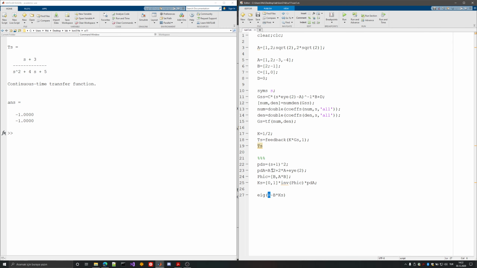Now, you had the eigenvalues or the poles of A. Now you have the eigenvalues of A minus BK, so that's the reason why you are changing basically the closed loop behavior, since you are changing the eigenvalues of the differential equation or the system, and this is basically an injection.